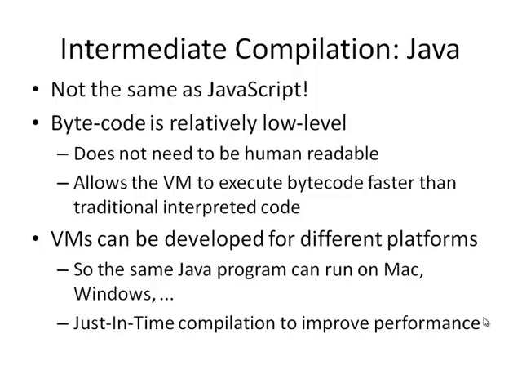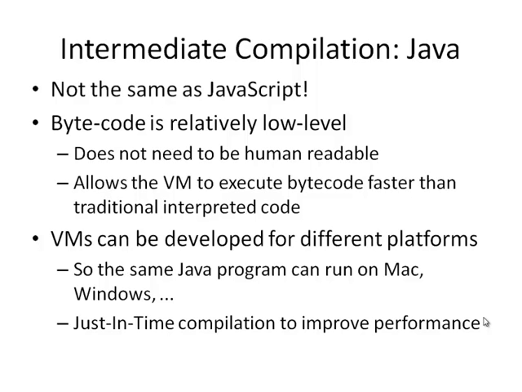The bytecode is relatively low level and doesn't need to be human readable. And this means that the interpreter for the virtual machine is able to execute bytecode faster than traditional interpreted code. And virtual machines can be developed for different platforms. And this is, as I've said, so that one Java program can run on a Mac, on Windows, on Unix, and a range of different machines.